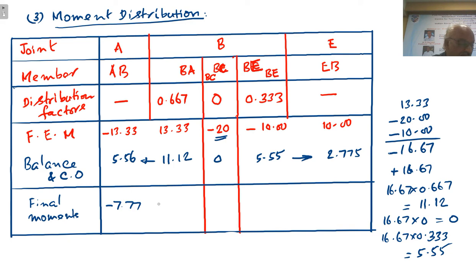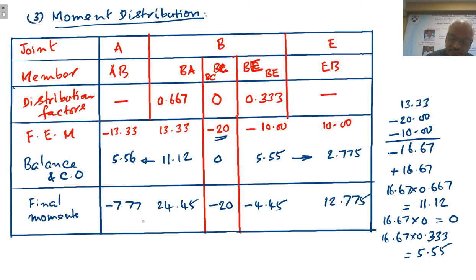So these two when added 24.45. This value is minus 20 and this value is minus 4.45, and when these two values are added 12.775. So that completes the moment distribution for this problem.